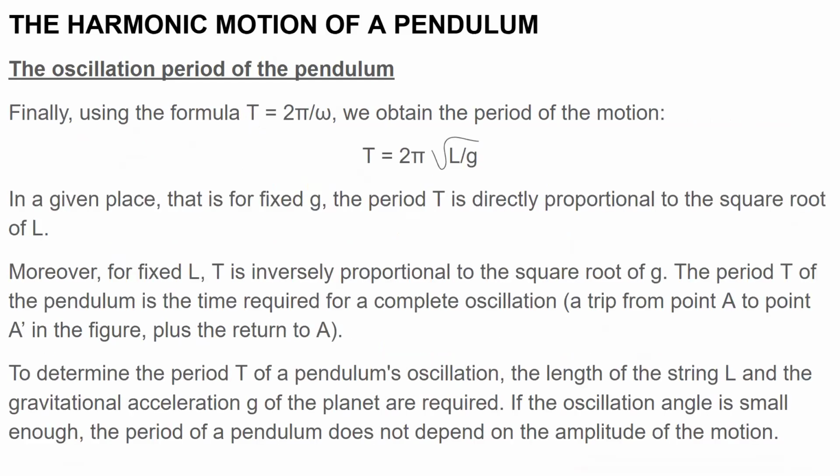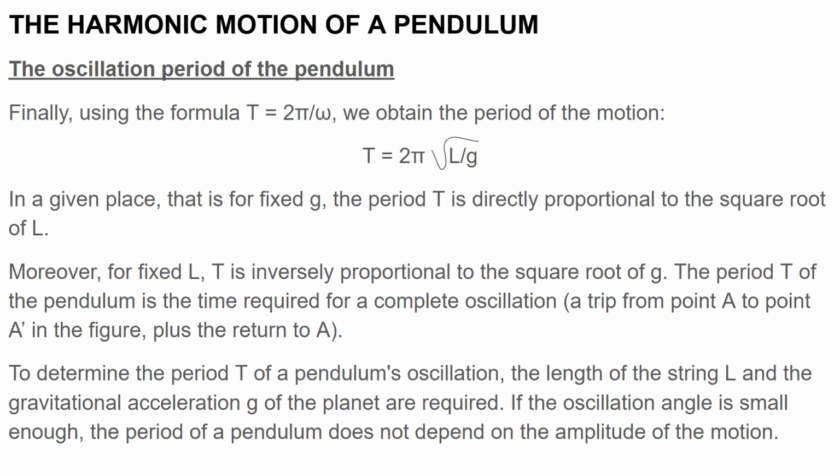Finally, using the formula of the period of harmonic motion, T is equal to 2 pi divided by omega, we obtain the period of the motion: T is equal to 2 pi times the square root of the ratio between the length of the string and the gravity acceleration. In a given place, that is for fixed g, the period T is directly proportional to the square root of L.